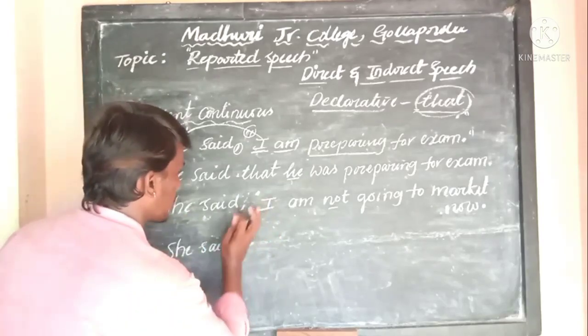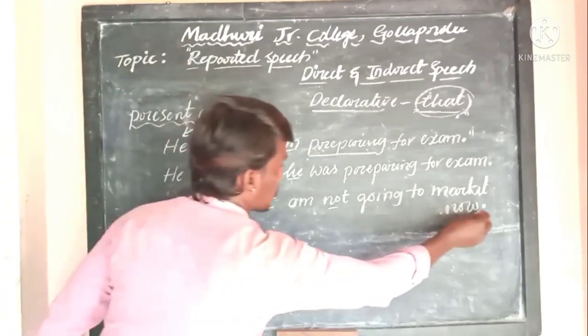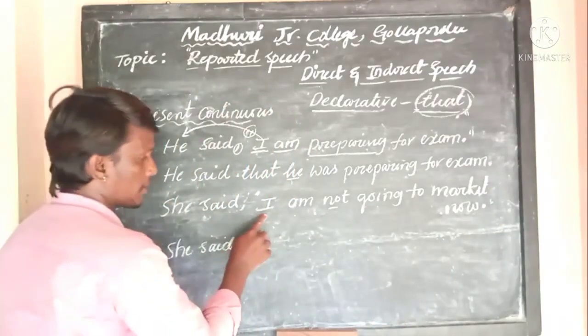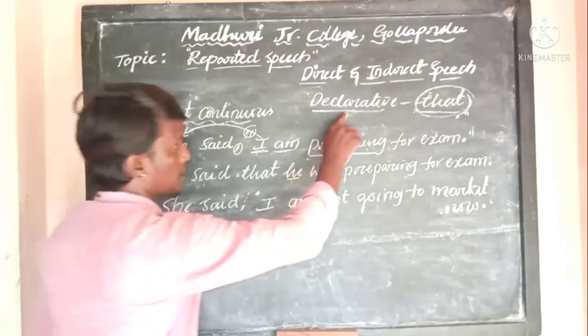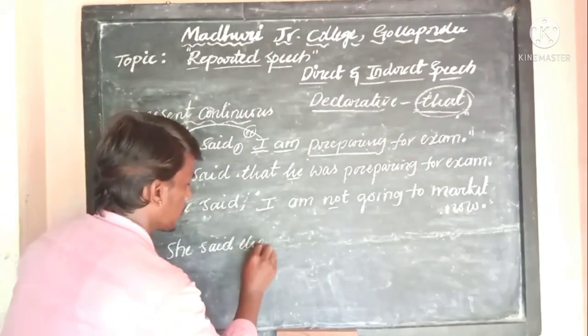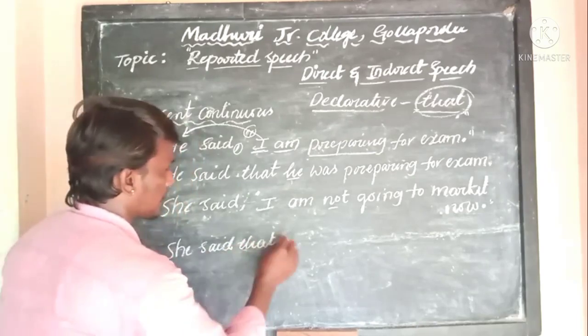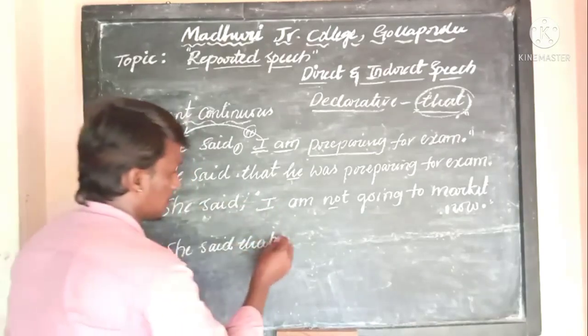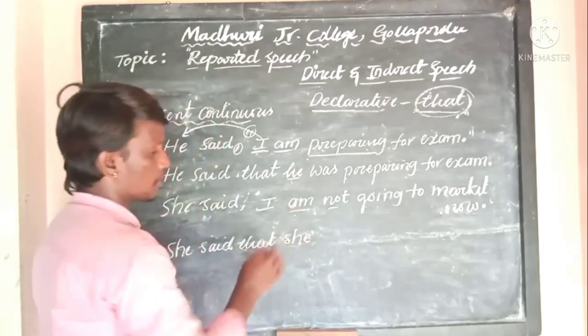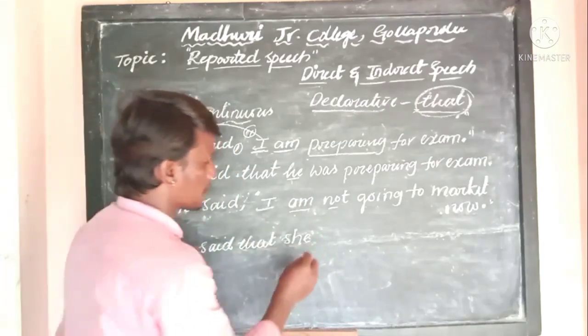And as it ends with a full stop and starts with the subject, it is a declarative sentence. If it is a declarative sentence, that is a suitable conjunction. And it is: she said that. Whom does I refer to? I refers to she, so she. If it is present continuous tense, that is, present tense, now it changes into past tense.